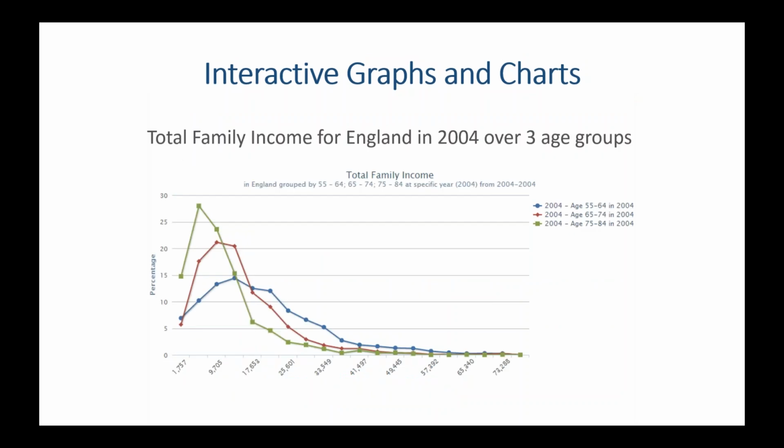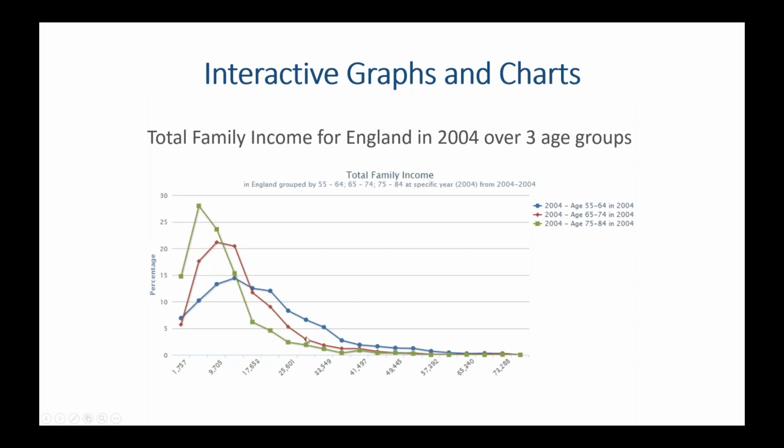I also showed you before that we have a number of financial measures we allow you to graph, so income and wealth. So here is total family income, and this is for England in 2004, and we look, in this case, over 3 age groups, as we did before with smoking now. And so these are histograms, overlapping histograms. So you can see that here the blue line is our youngest group, and the green line is our oldest group.